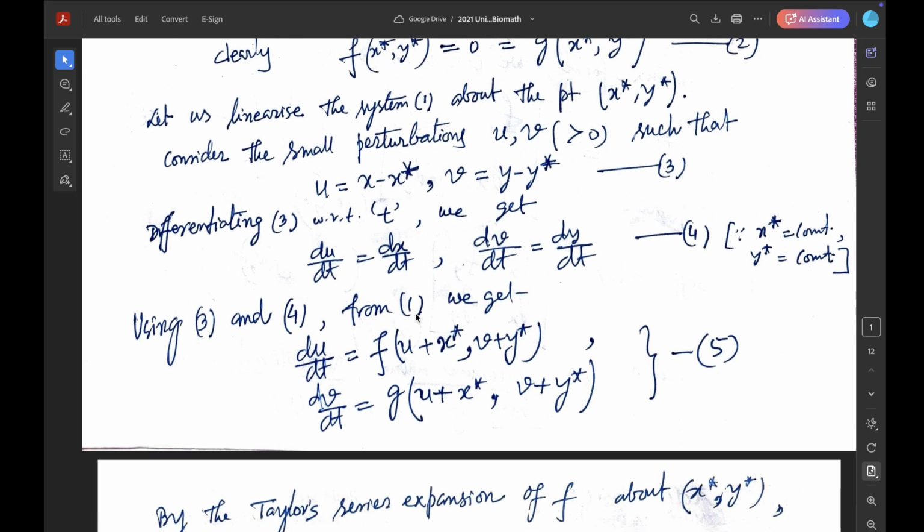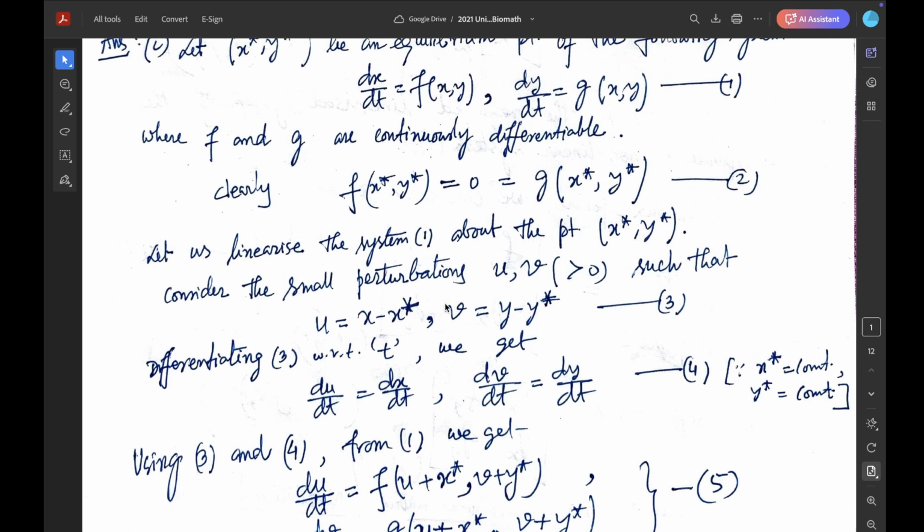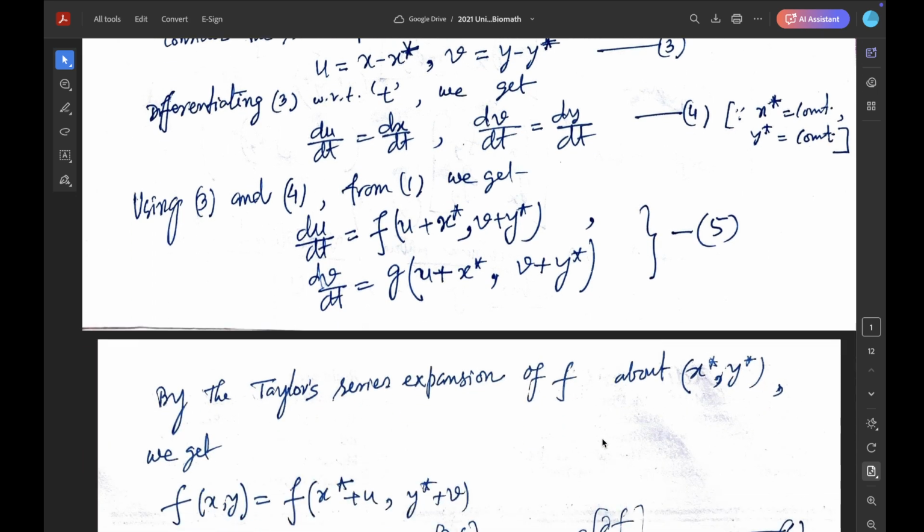Using 3 and 4, from 1 we get du/dt = f(u + x*, v + y*) and dv/dt = g(u + x*, v + y*).